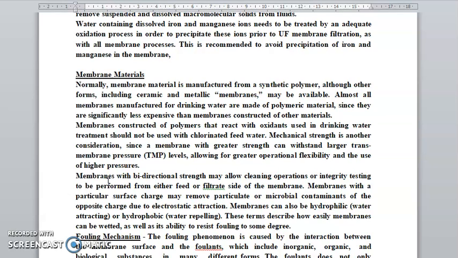A membrane with a particular surface charge may remove particulate or microbial contaminants of the opposite charge due to electrostatic attraction. Membranes can also be hydrophilic or hydrophobic. These terms describe how easily the membrane can be wetted, as well as its ability to resist fouling to some degree.